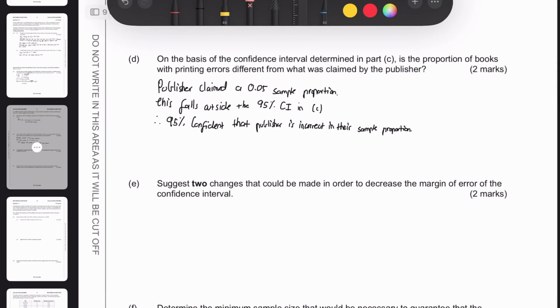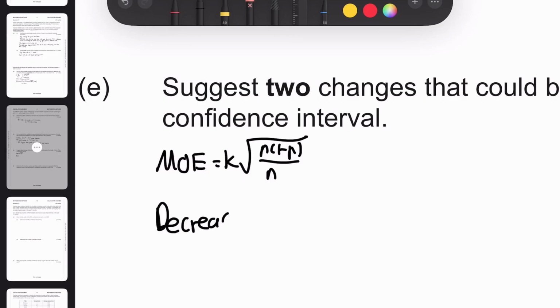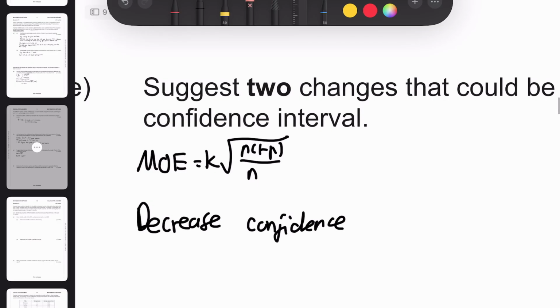Suggest two changes that could be made in order to decrease the margin of error of the confidence interval. So remembering that margin of error is equal to k times the square root of p(1 minus p) over n. Okay, we can either decrease the confidence level.